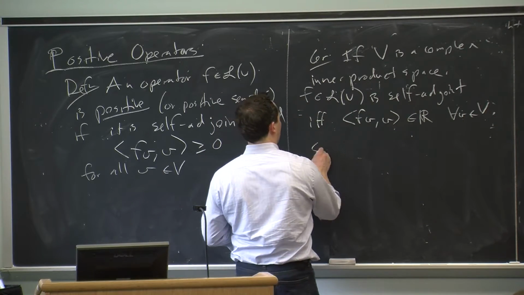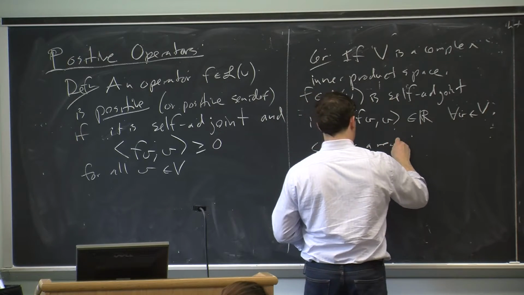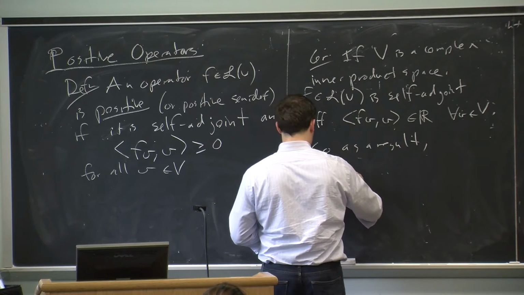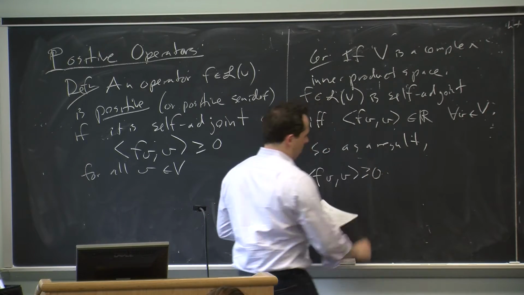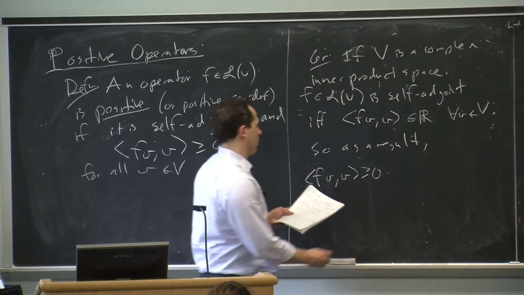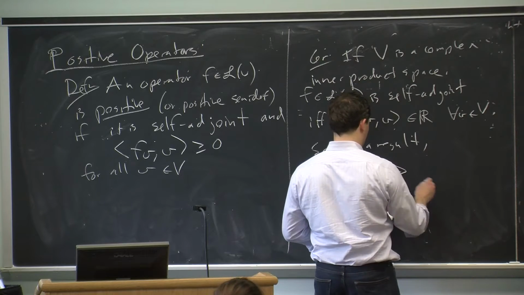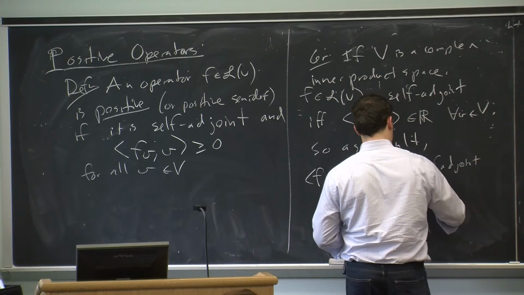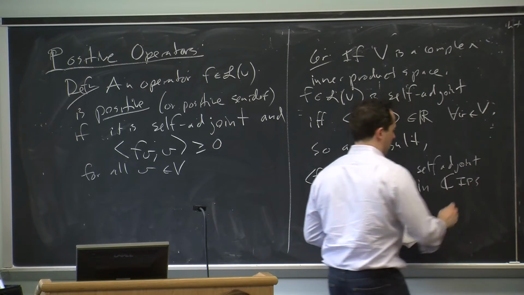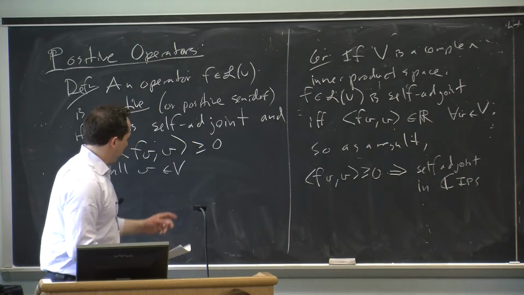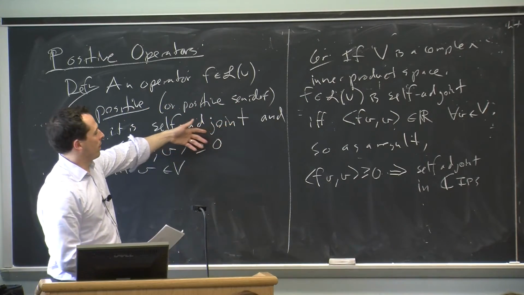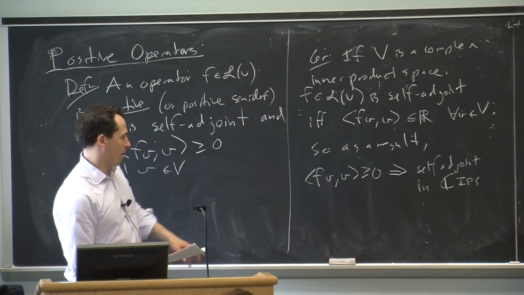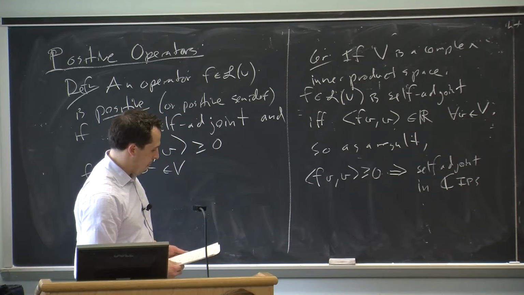And so as a result, the inner product of FV and V simply being non-negative, without the self-adjointness condition, implies self-adjoint in the complex case. So the self-adjointness condition here is only needed in the real case. In the complex case, the self-adjointness is already implied by simply requiring that the inner product of V and FV is non-negative.